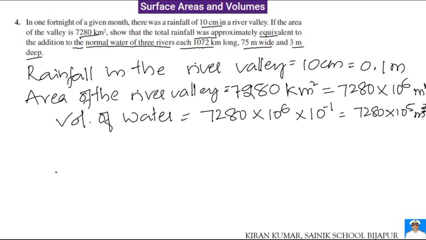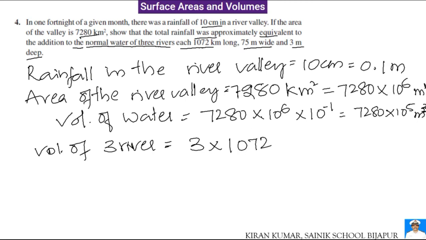Now, volume of 3 rivers, directly I'll find, will be equal to 3 times the volume of one river. What is the volume of one river? It is 1072 kilometer. In meters it will be into 10 to the power of 3 into 75 into 3.